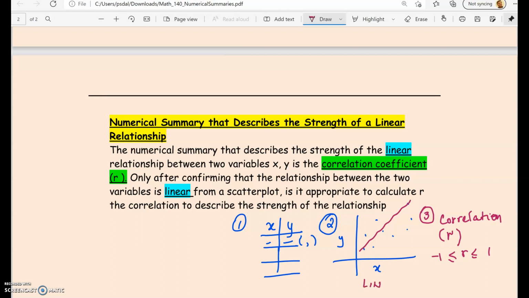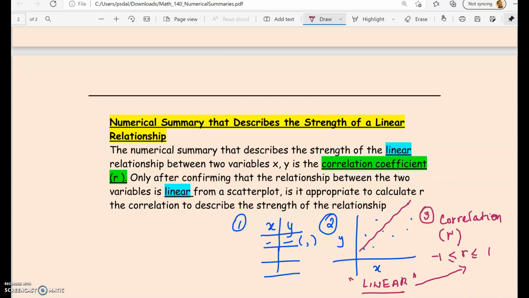Remember that the relationship has to be linear before we calculate R. R is appropriate as a numerical summary only if the relationship is linear, only if we see a linear pattern, either positive or negative. So once we calculate R, R gives us the strength of the linear relationship, a relationship that we have established is linear from the scatter plot.